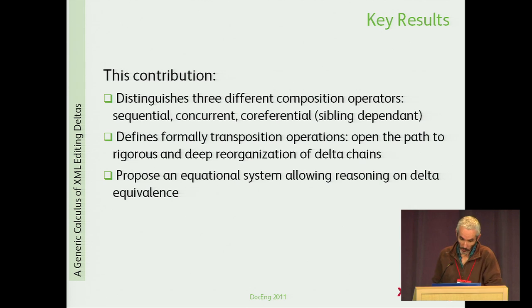Well, in this contribution, what we propose is to distinguish 3 different composition operators: sequential, concurrent, and co-referential. And that's new to our knowledge. We also define formally the transposition operation, and we propose an equational system to reason on the equivalence, as I presented in the first part.